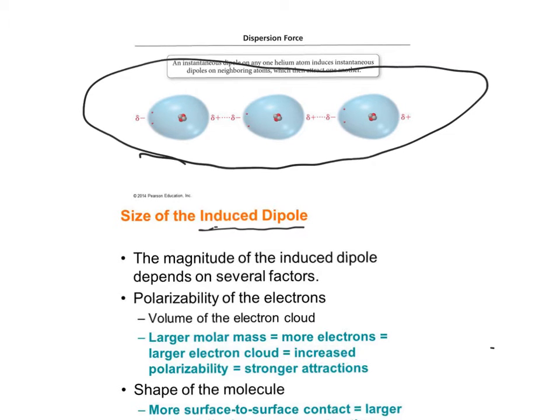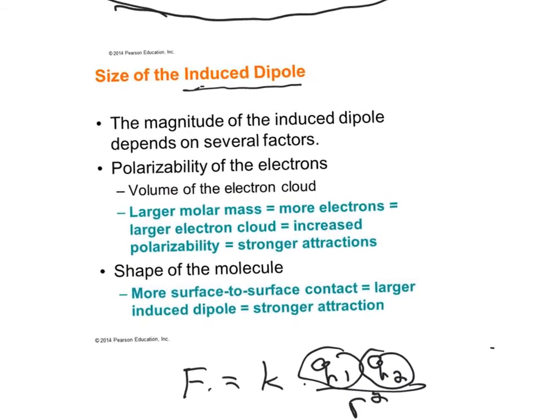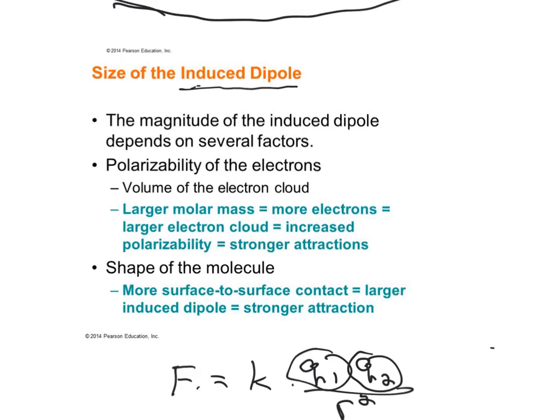Now, if the electrons are held closely together to the nucleus, they're not as easily distorted. They don't move to one side more readily than the other. But if those electrons are not as tightly held by the nucleus, then they're more able to redistribute. That whole concept of being able to redistribute the electrons is called polarizability.